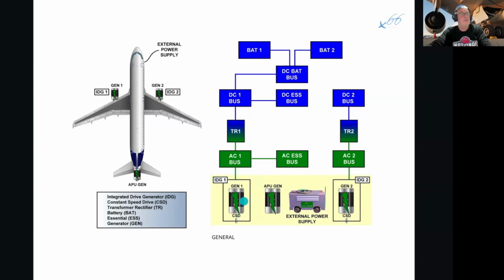Generator 1 or the APU or external power to AC bus 1, to TR1, to DC bus 1, and external power, APU generator, whatever, to generator 2, to AC bus 2, to TR2, to DC bus 2 for the DC.